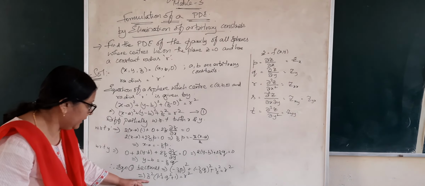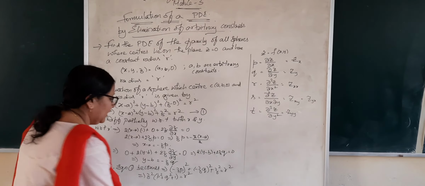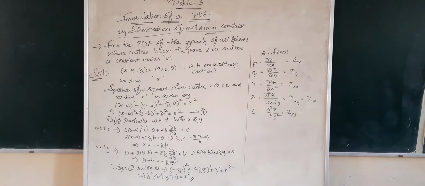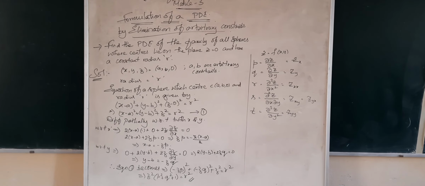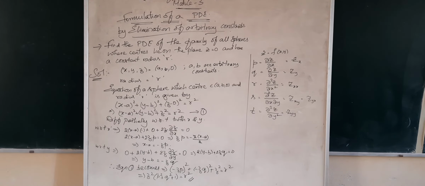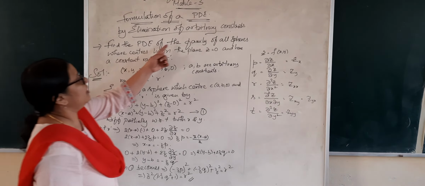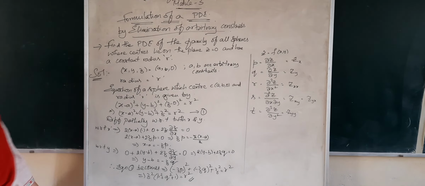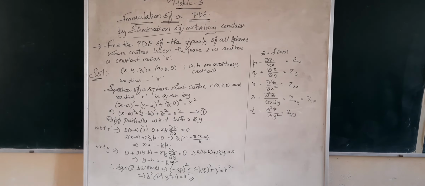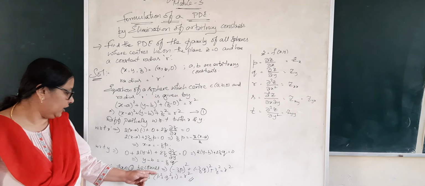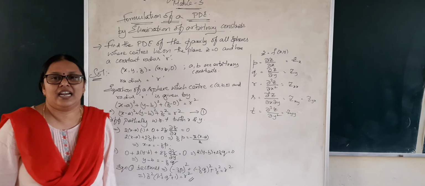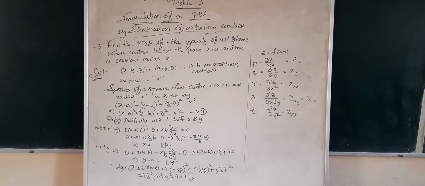Therefore, z square into (p square plus q square plus 1) is equal to r square will be the required differential equation, a partial differential equation which represents the family of all the spheres whose centers are on the plane z equal to 0 and they have a constant radius r. What are p and q here? p and q are the standard partial derivatives with respect to x and y respectively. Understood?